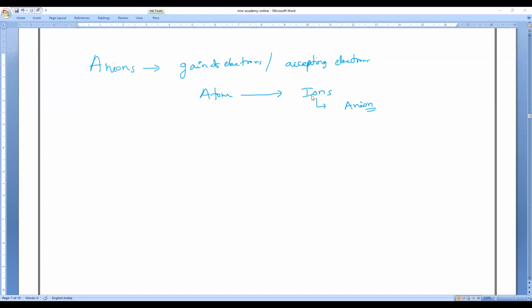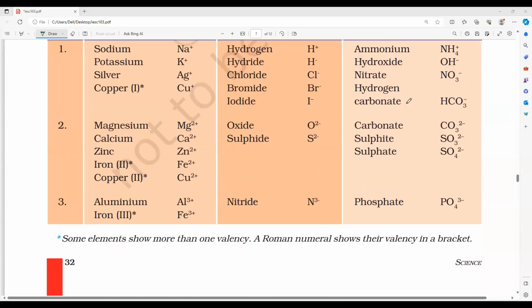This is the information we learned in yesterday's class. Anybody having any doubt, you can ask me. Are you clear, everybody? Now in today's class we are going to see how somewhere you write +1, somewhere -1, somewhere +2, somewhere -2, like this.